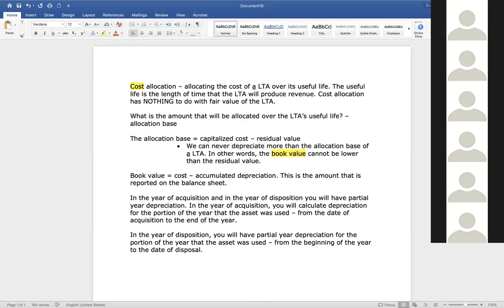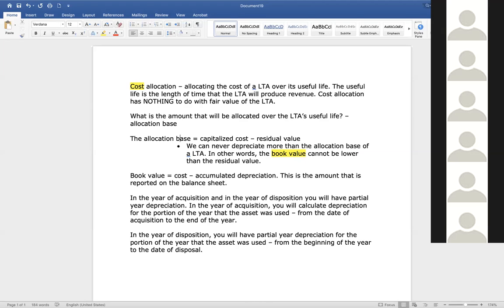So your numerator is your allocation base, cost minus residual value. And what is your denominator? Estimated life. Good, how long do I expect to be using the asset? There are problems at the end of the chapter where you can calculate depreciation.